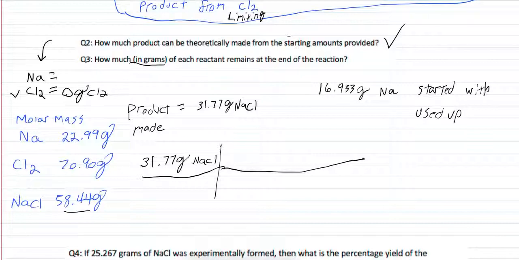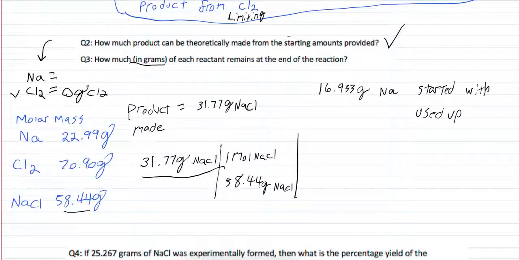For NaCl, we know that for every 1 mole of NaCl, it weighs 58.44 grams. Be sure to mark down what it's grams or moles of, otherwise this could get really confusing.